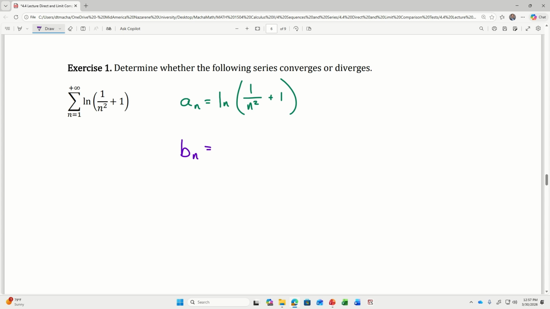ln of 1 over n squared. Okay. That's not a bad idea. So do you know, for each one of these, is an going to be less than bn, or is an going to be greater than bn?